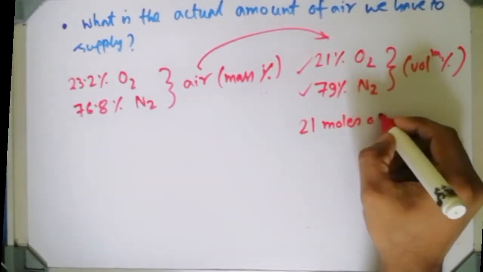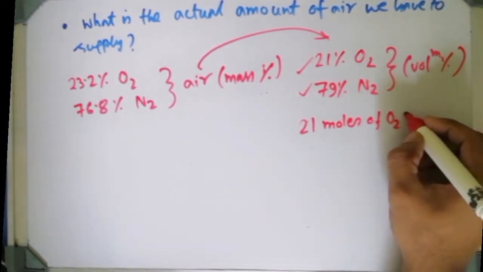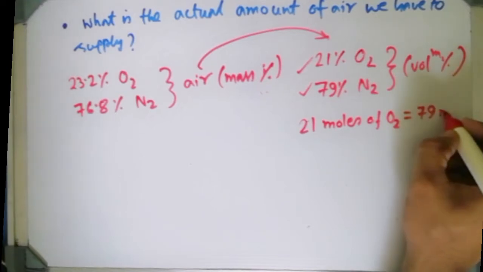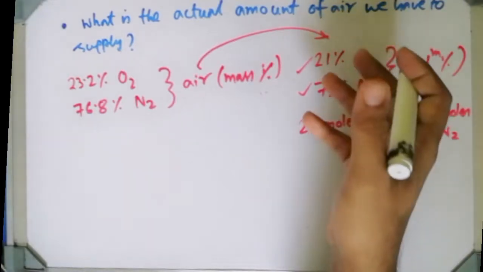Because volume is nothing but the mole. So 21 moles of oxygen always comes with 79 moles of nitrogen inside atmospheric air. That relationship will be there.